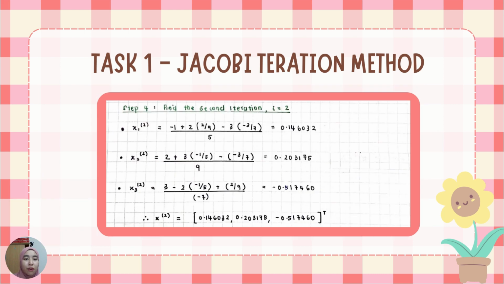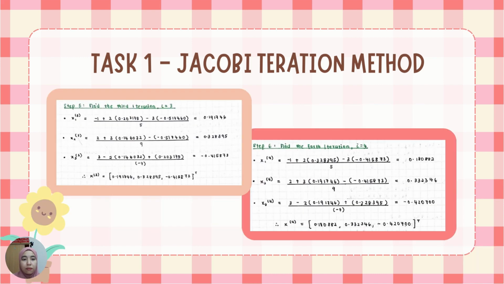So for step 4, find the second iteration. The step must be repeated until the values approach the solution of the system. This is step 5 and step 6, where we find the third iteration and fourth iteration with the same process.